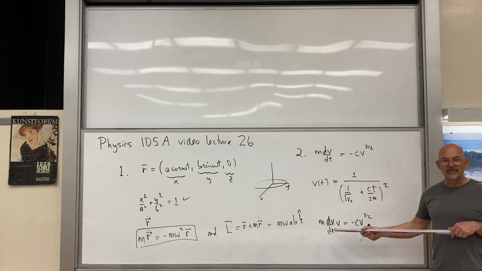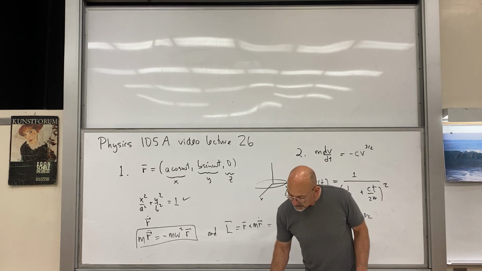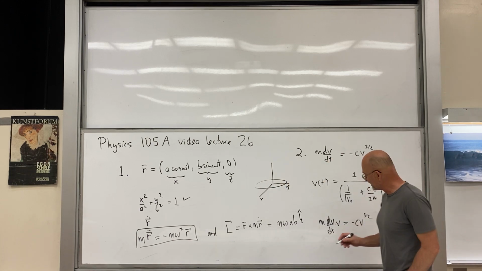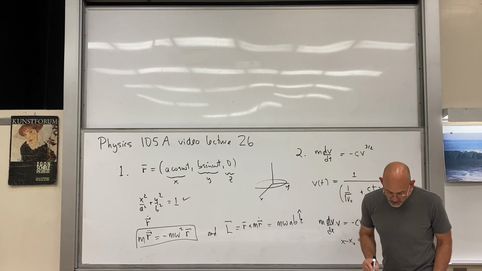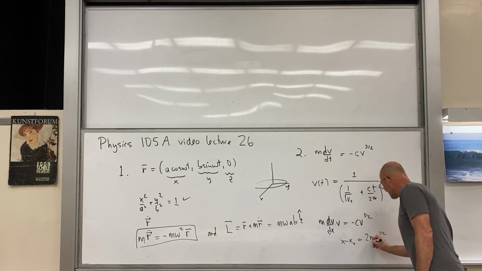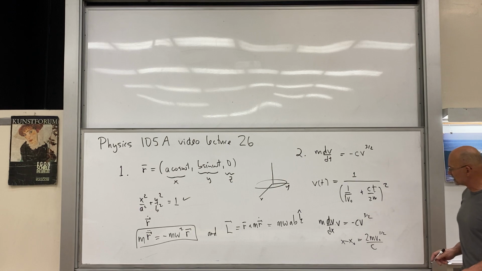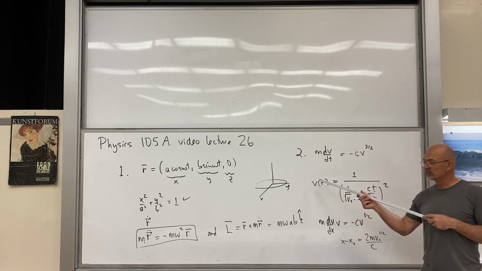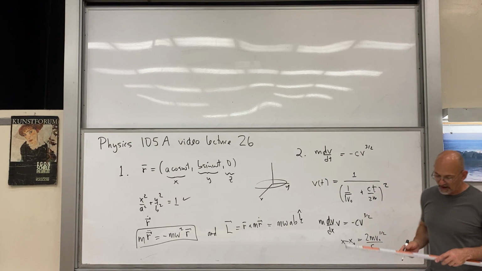Then separate variables and integrate, and you can finally find that the total distance traveled will be 2m v0 to the 1/2 divided by c. So that'll be the total distance traversed. I'm not going to say much more about these because you might want to go back in and work through the problem again yourself.